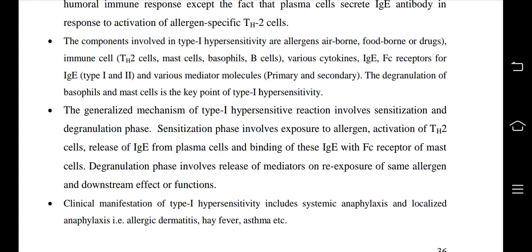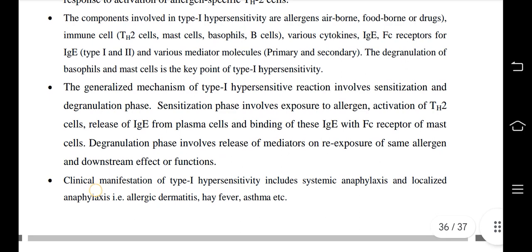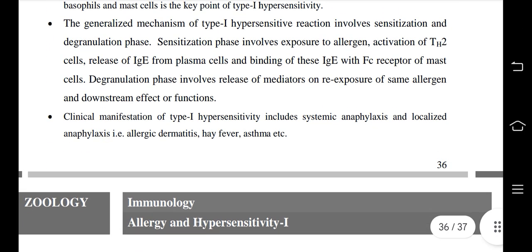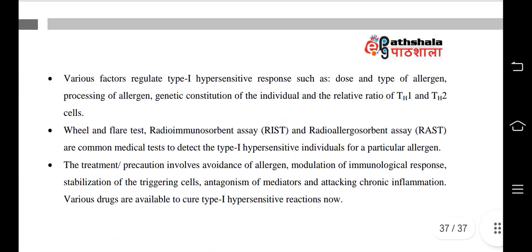The degranulation phase involves release of mediators on re-exposure to the same allergen and downstream effector functions. Clinical manifestations include systemic anaphylaxis, localized anaphylaxis, allergic dermatitis, hay fever, asthma, etc.